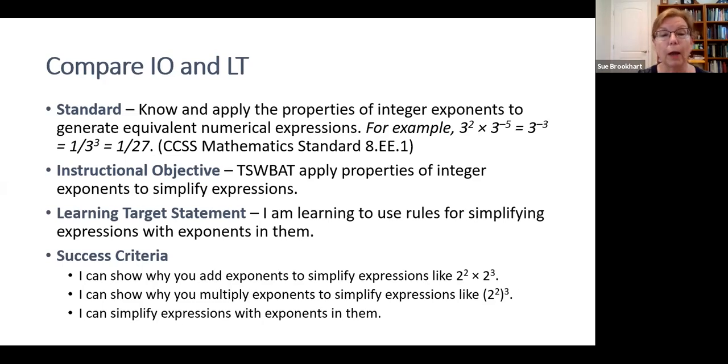I can show why you add exponents this way, I can show why you multiply exponents that way, and then I can simplify those expressions. So a learning target statement isn't just you take the instructional objective and stick an I on the front. You have to think it through in terms of a student.